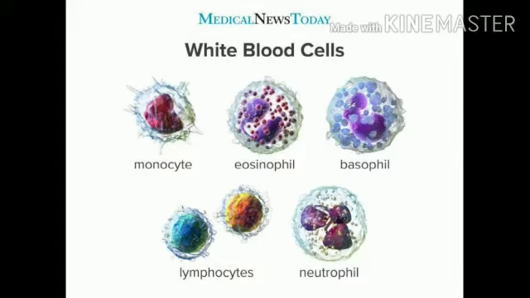WBC are produced in red bone marrow. WBC act as soldiers in our body. Their function is: these cells attack the pathogens entering our body. They protect us from microbial diseases.